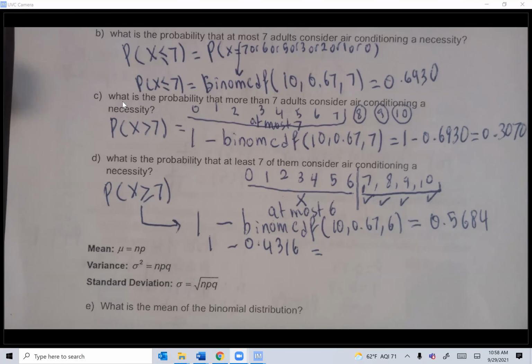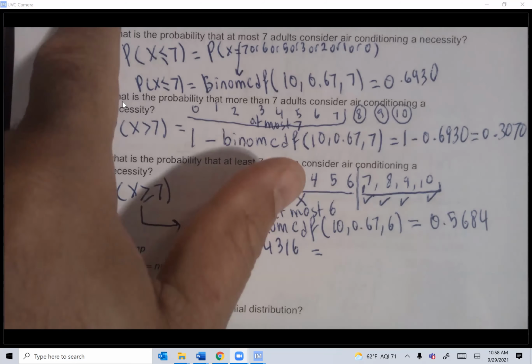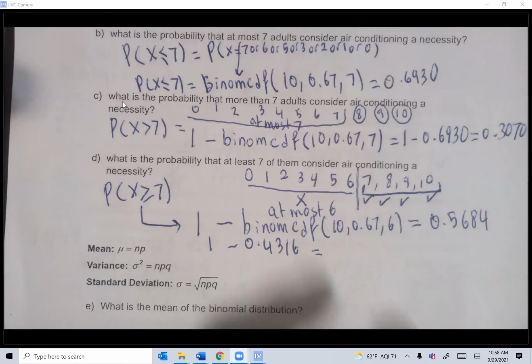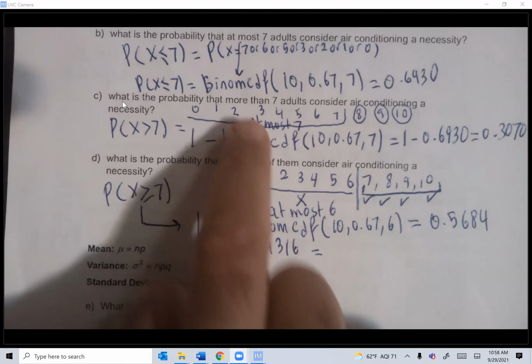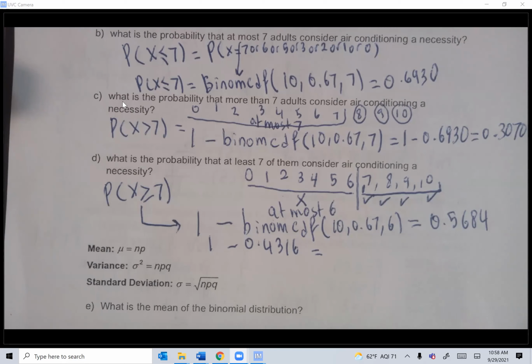So we dealt with exactly, guys. We dealt with at most. We dealt with more than. We dealt with at least. There is one sign that we haven't dealt with. Can you tell me which one is missing? So we did at most, at least, more than, exactly.